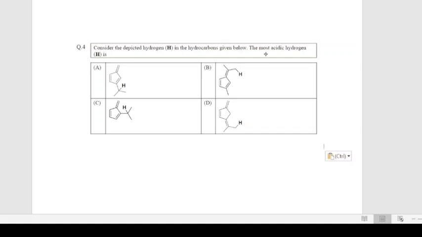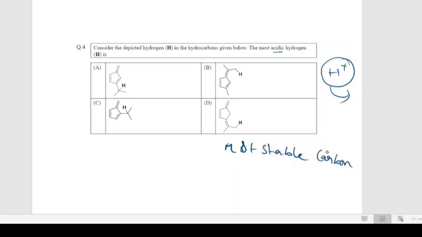For this type of question, what we need to check is that if the given compound loses an H plus ion, it is acidic in nature; the one which readily forms the most stable carbanion is highly acidic in nature. That is the key point to check the options.